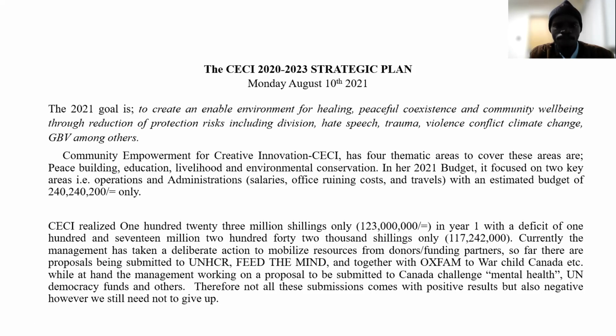With the specific focus in terms of budgeting, looking into the 4 programmatic areas, which is livelihood, education, environmental conservation, and peace building, the annual plan budget is forecasted to be 240,240,200 shillings only. Along the way, we are able to realize from donors 123 million shillings only.